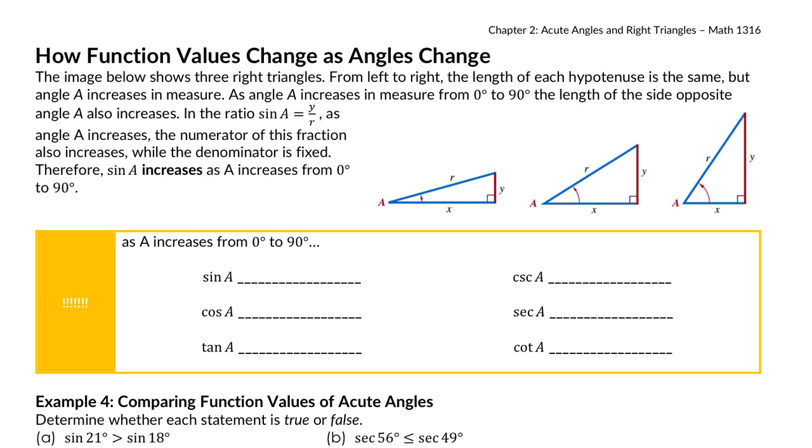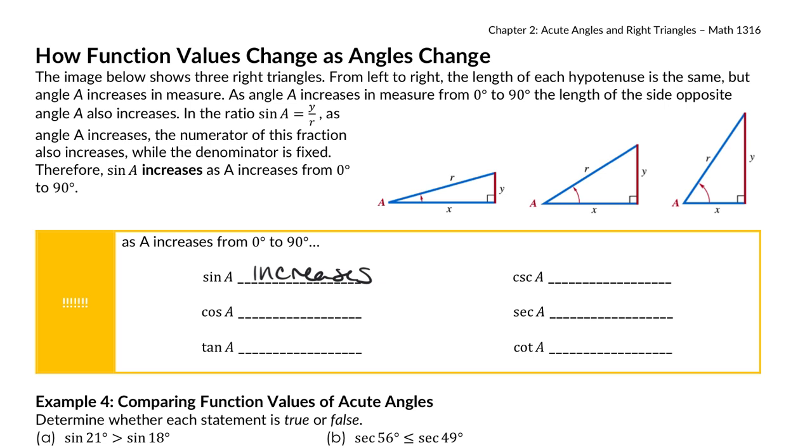So to keep this an actual right triangle, we have this relationship between the x's and y's, which then means we have a relationship between sine, cosine, and tangent as angles change. As A increases from 0 to 90 degrees, the sine of A is also going to increase because the y value, which is part of sine, y over r, is increasing. So if our numerator is increasing, our fraction is increasing.